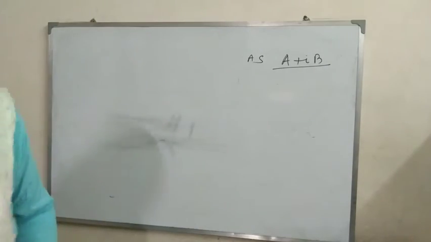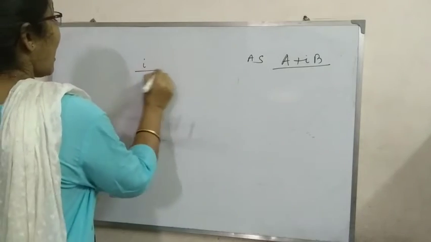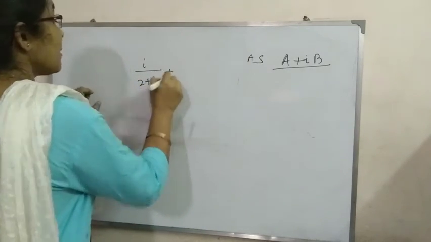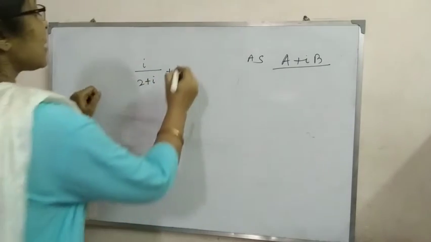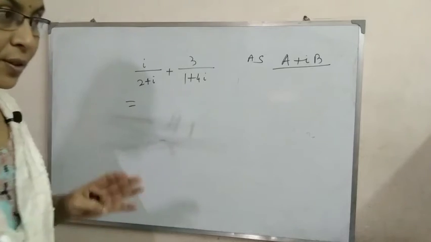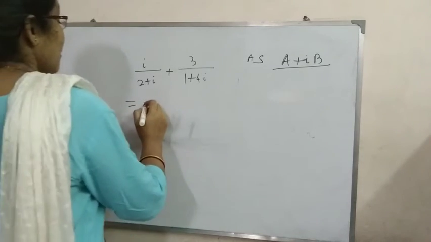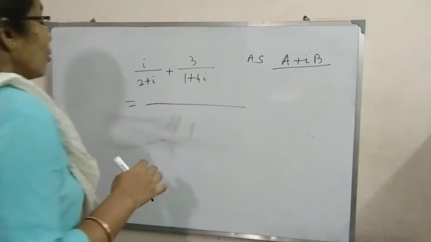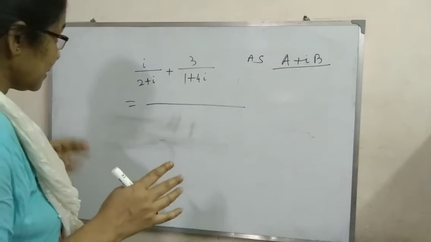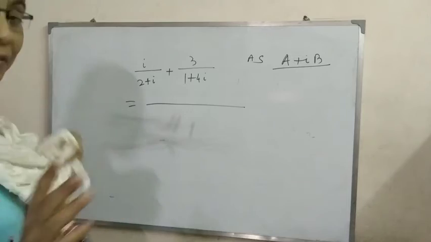Next sum. If I have i by (2 plus i) plus 3 by (1 plus 4i). First, we will do simple simplification.